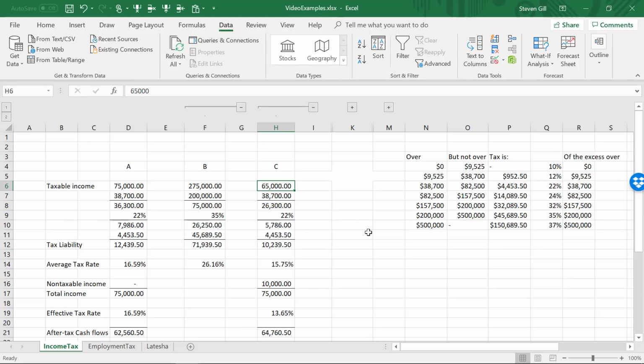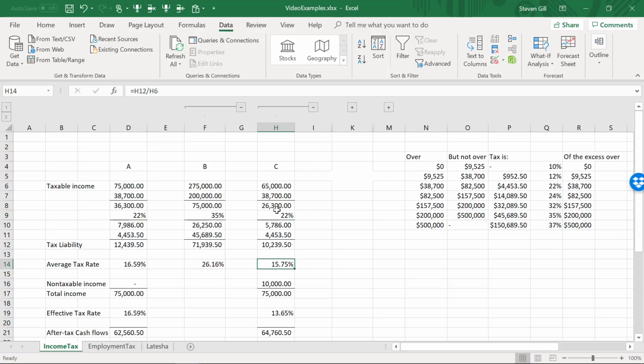So in this case, even though he's generating $75,000 of income, his taxable income is only $65,000. We can put this into the rate schedules. It falls within this bracket, and calculate Patrick's tax to be $10,239.50. His average tax rate is only 15.75%.